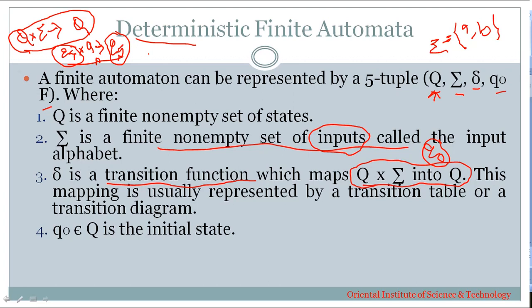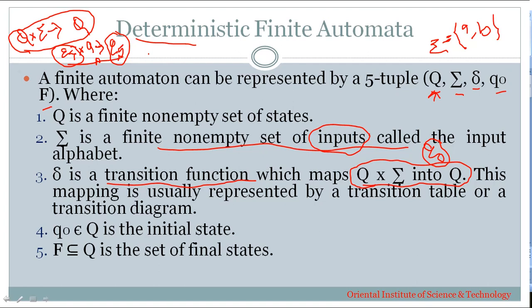You can choose q4 or q7 as the initial state; it depends on your design techniques. In a finite automata there should be a single starting point.